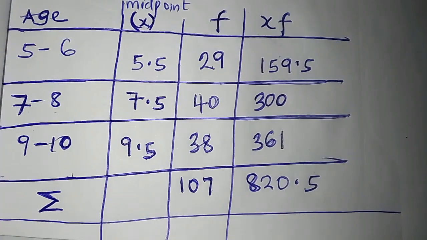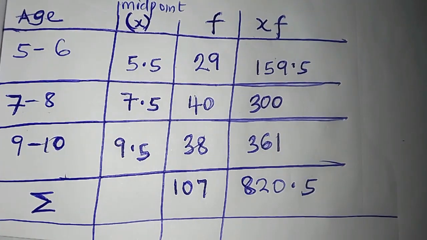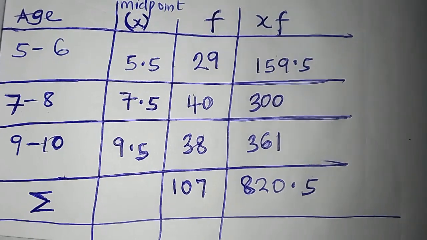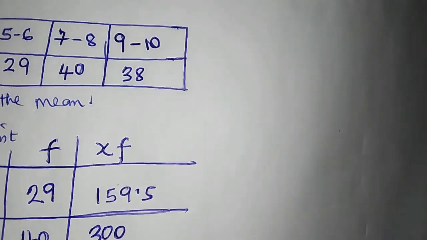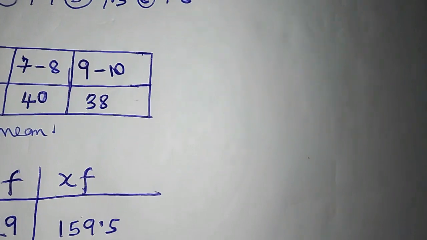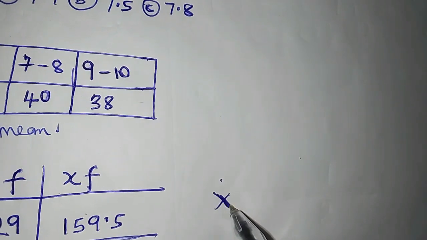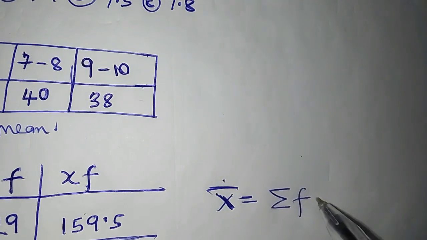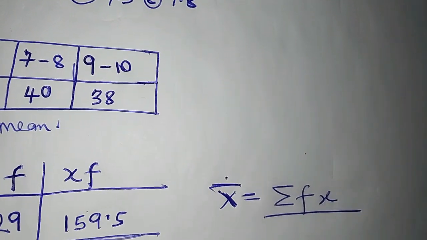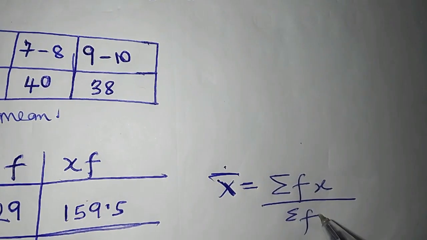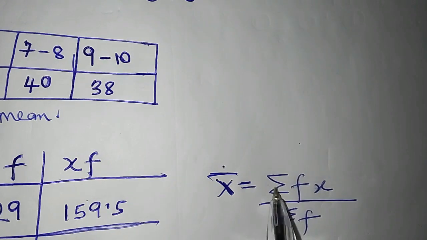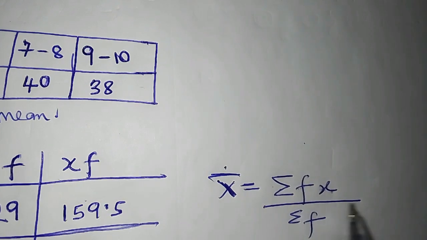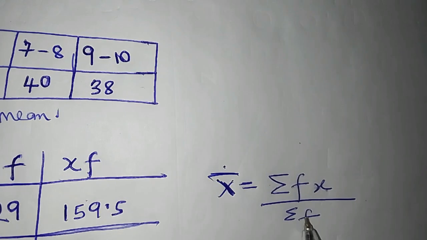Alright. So, what is the formula to calculate the mean of data with frequency? The formula says the mean is equal to summation fx all over summation f. This is the summation of the product of the frequency and the midpoint divided by the total frequency.